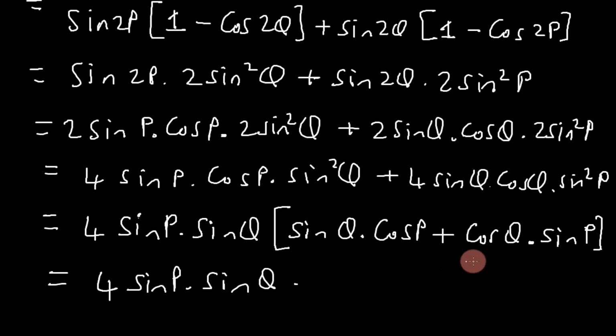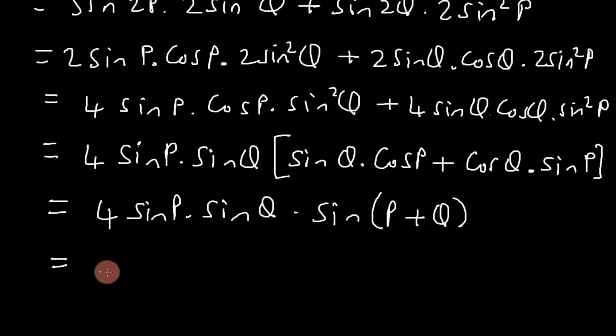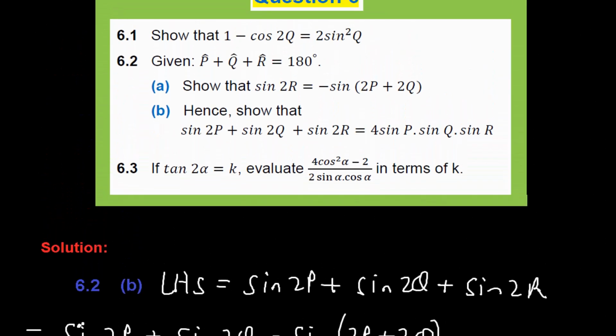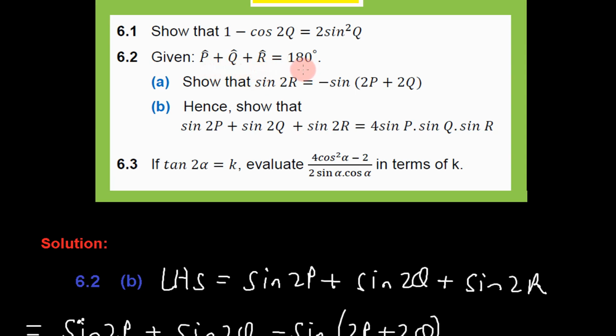Now, if you look carefully at what's in the square brackets, this is the sine expansion for p plus q. Now, of course, p plus q is 180 minus r, using this equation here.